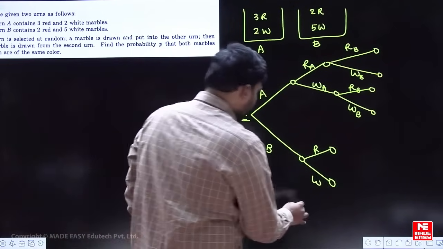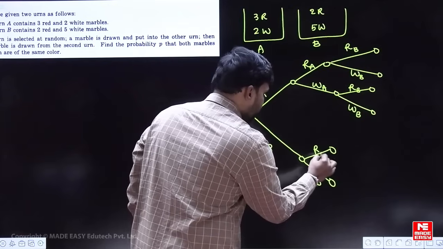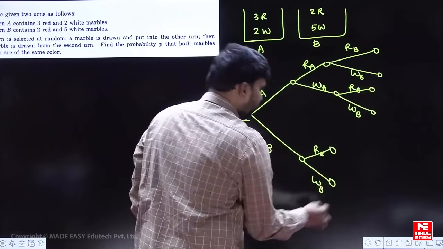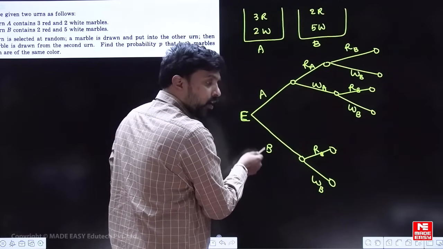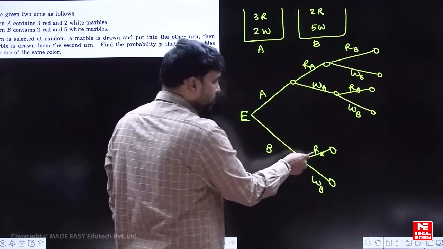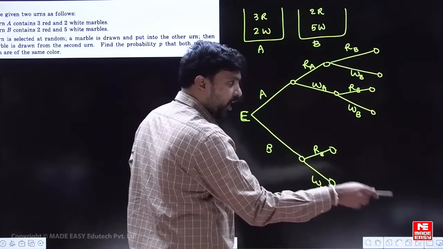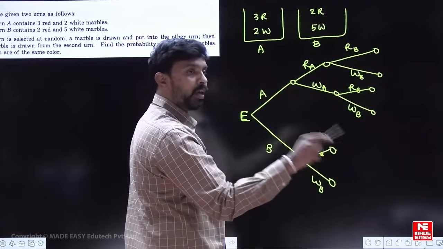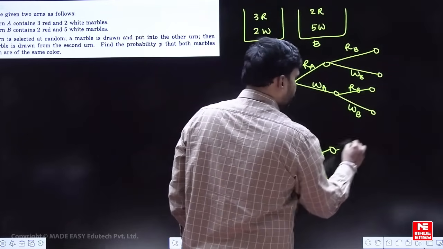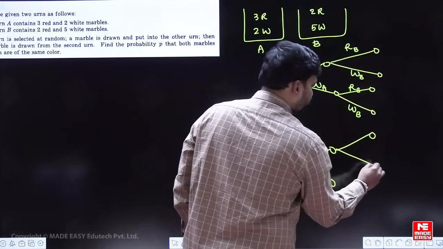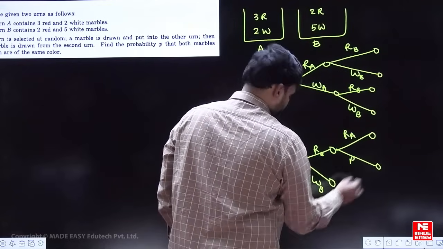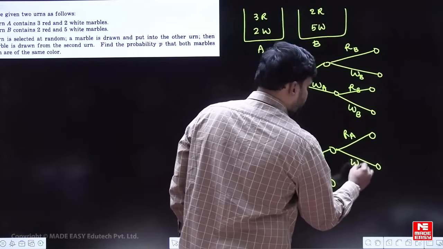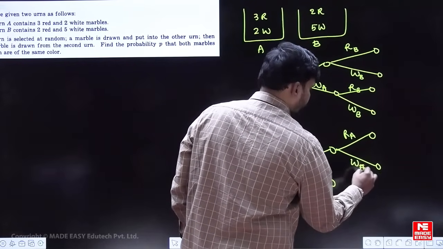Now the next one is here, in this case RB and WB. Once the first marble is taken from the urn B, this marble has to be placed in A and you need to draw a marble from A. So from A, if you take any marble, it may be a red marble from A or a white marble from A, right?